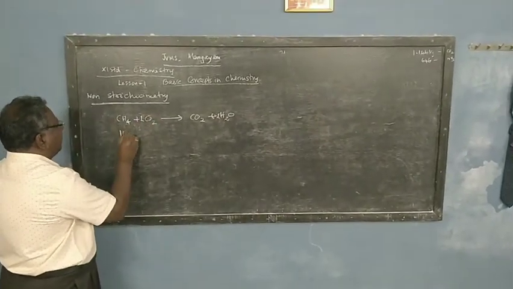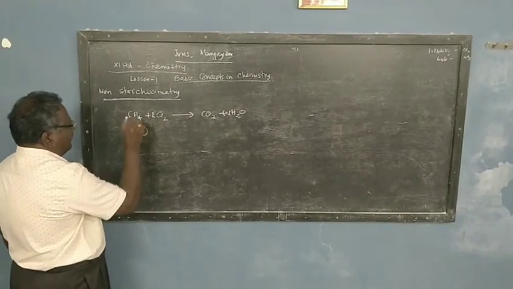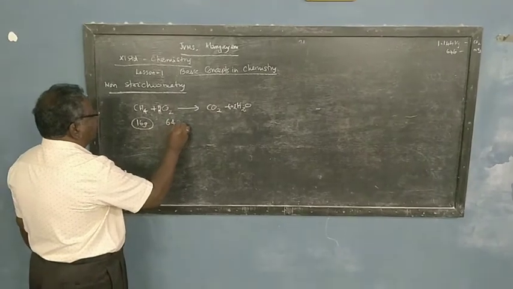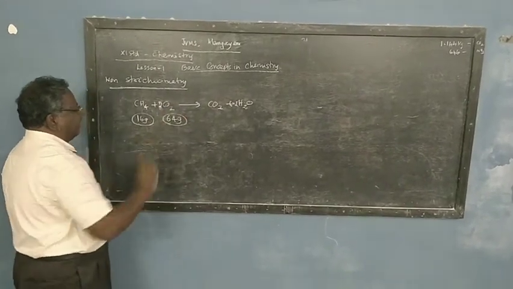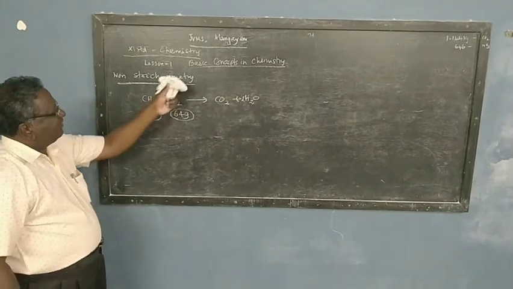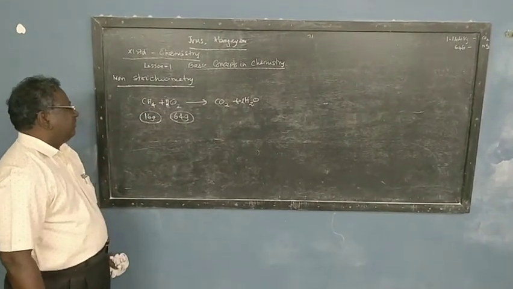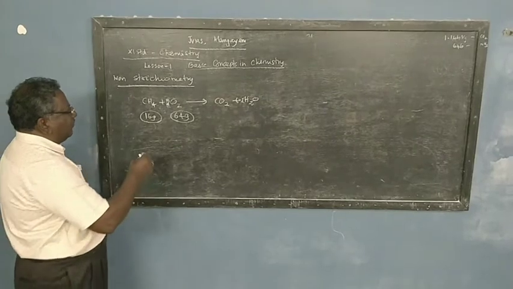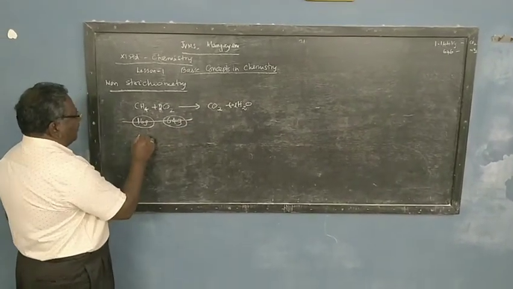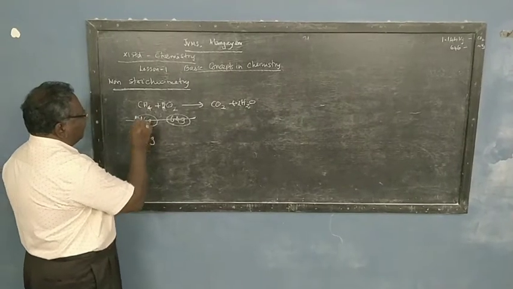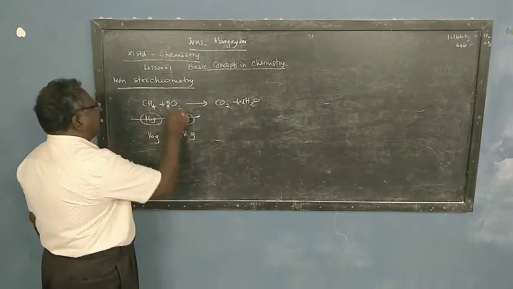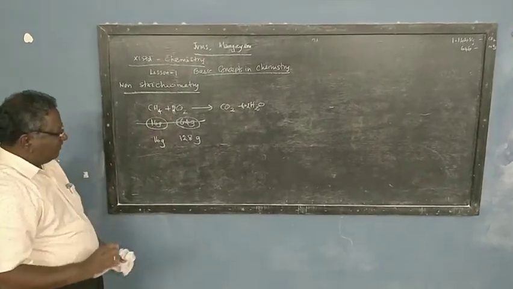So for burning 16 grams of methane, we should have taken 64 grams of oxygen. If these quantities are taken, then the reaction is in stoichiometric condition. So instead, we don't take it like this, we take it in a different way. How? 16 grams of methane is taken and 128 grams of oxygen is taken. Right?